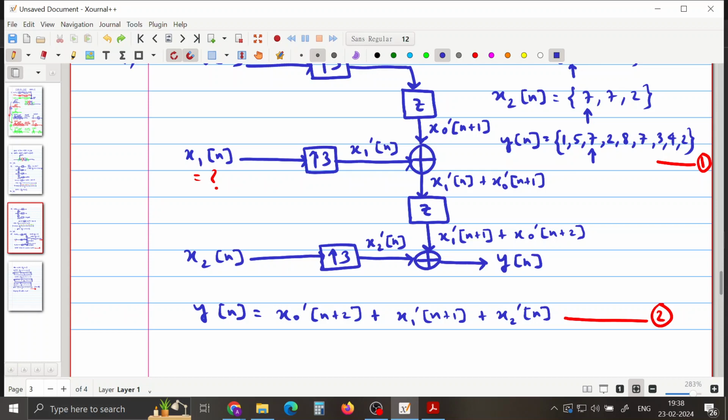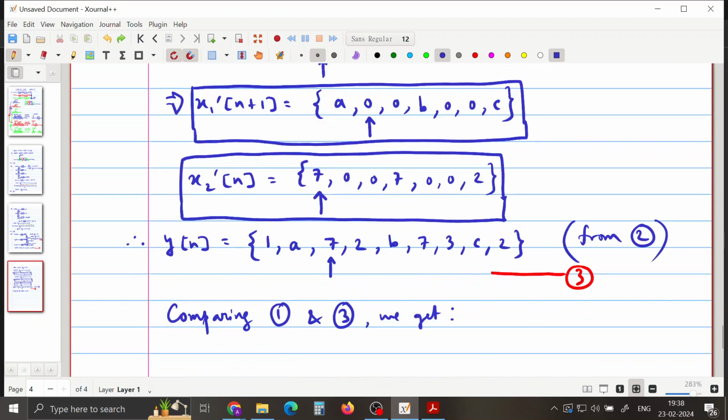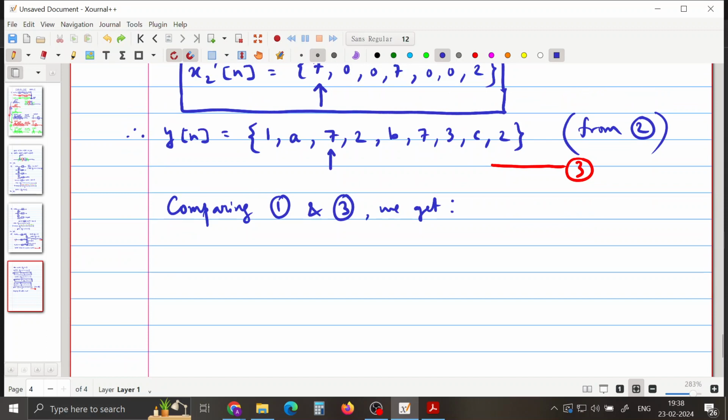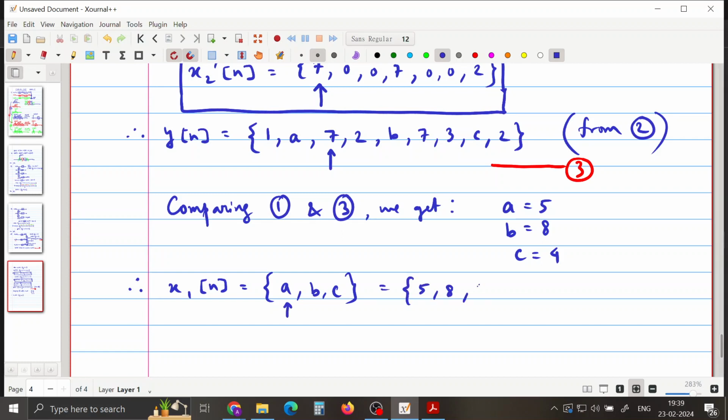Therefore you can do the same thing, just match them, equate them index by index, and subsequently find the values of a, b and c. So you will get a equals 5, b equals 8 and c equals 4. And therefore my x1 of n, which I assumed to be the sequence a, b and c, is now known to me. This is 5, 8 and 4.